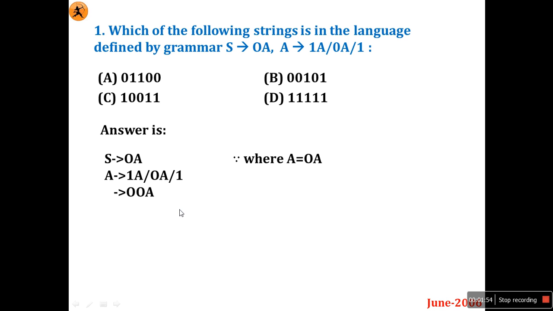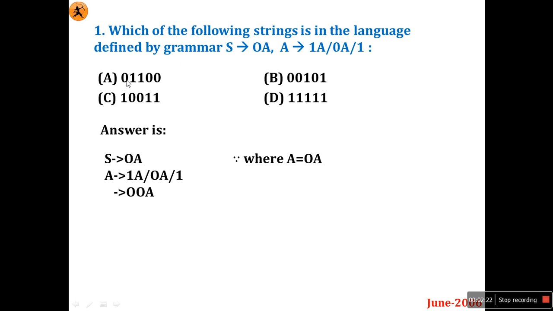So substitute A. There are three options, 1A, 0A and 1, but if you substitute 1 it terminates, so there is no continuation here, so don't consider 1 yet. Now substitute 1A or 0A. Looking at the first iteration only, you can assume your answer starts with 0, because the initial production starts with 0.